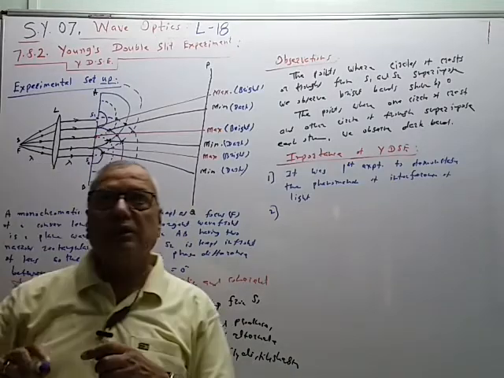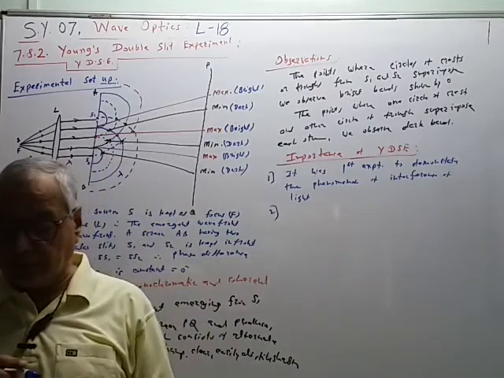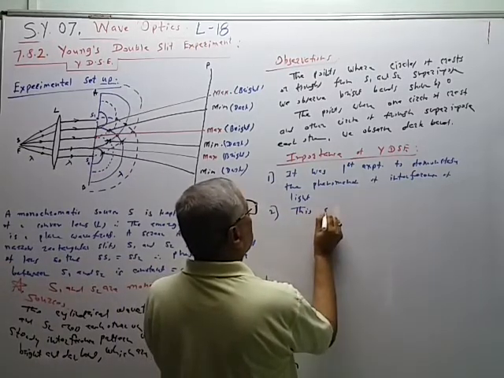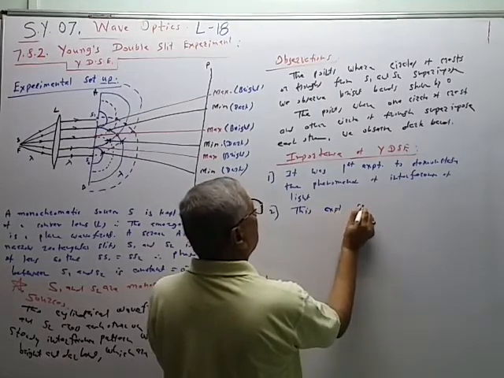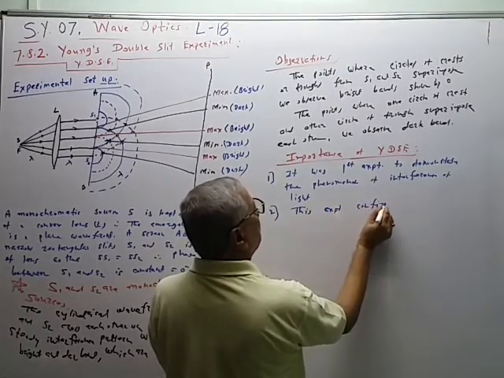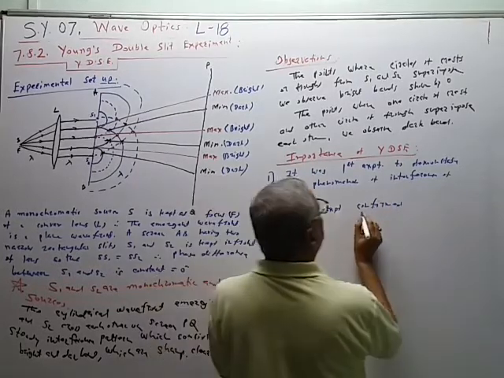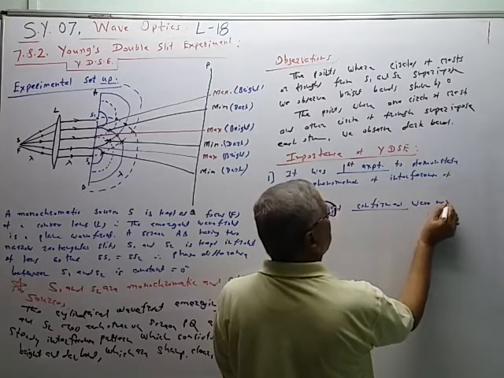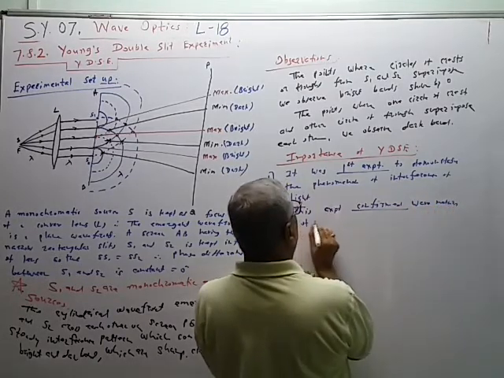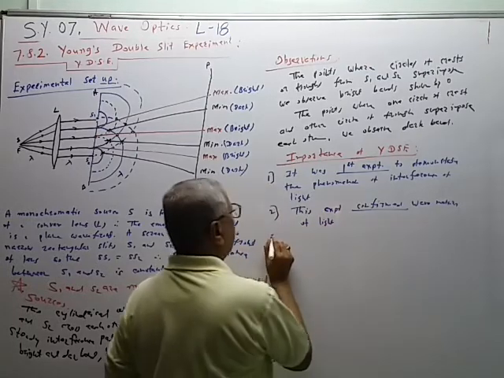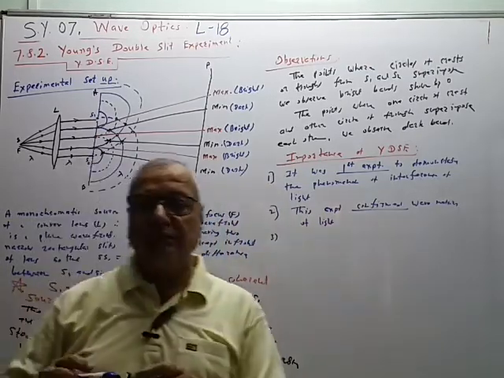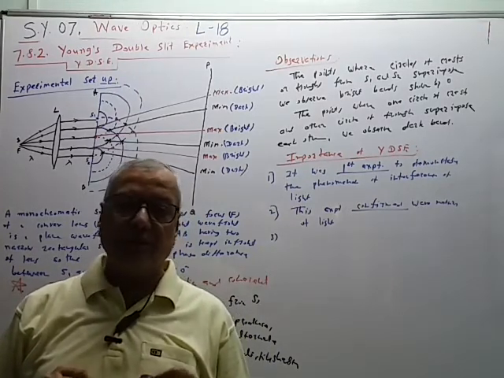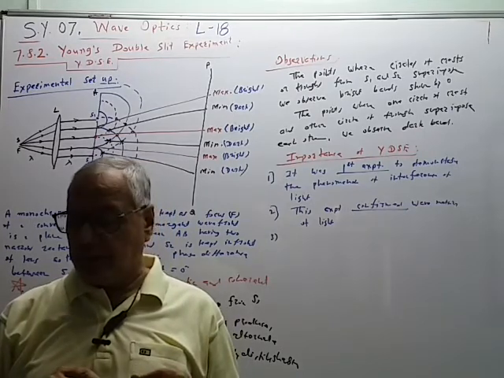Second, it confirms the wave nature of light. This is the first experiment to confirm the wave nature of light. Huygens only said theoretically that this wave nature can be used to explain the phenomenon of interference, but it was proved experimentally like this.